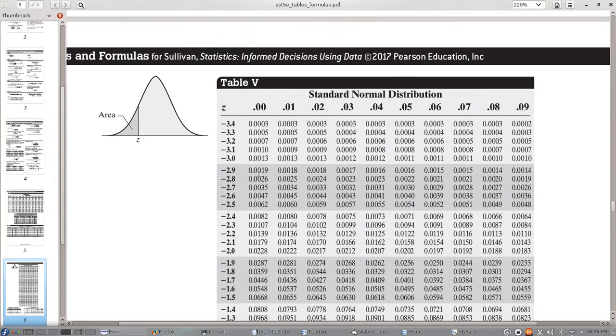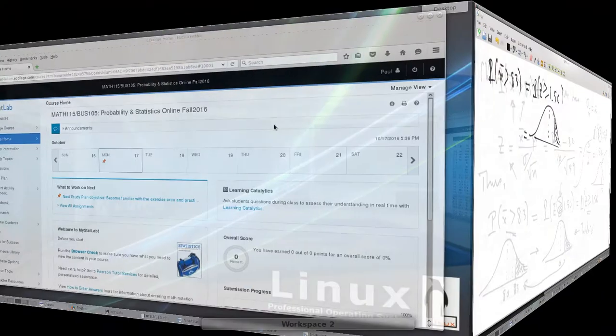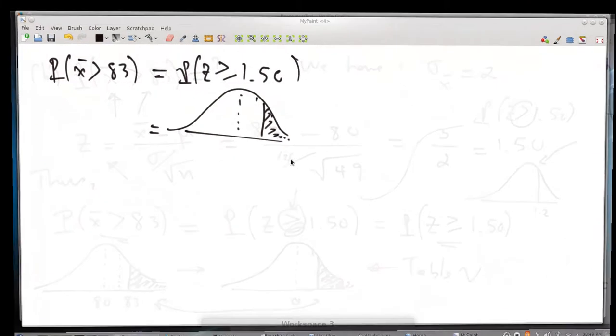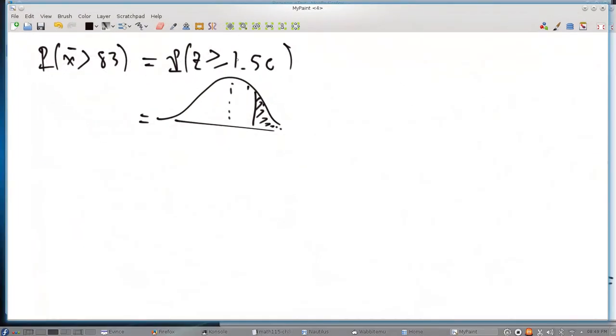But this one, you can see that even if it starts from above 0, which is from the middle, it still reads from negative infinity to the positive value to the left of z. So that means you cannot just look up the table, read the value and report the answer. That answer will be wrong. The table does not give you a region for this one.